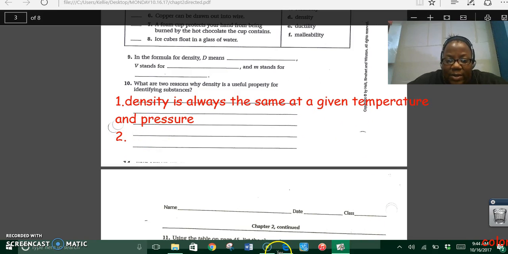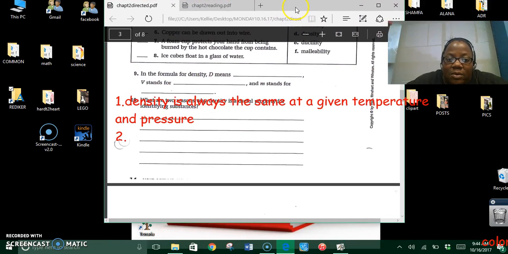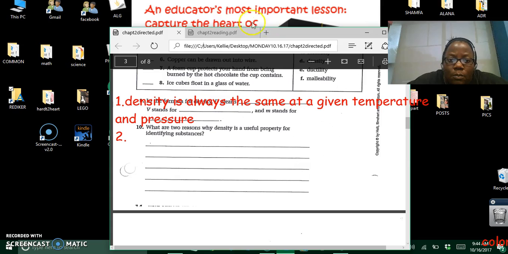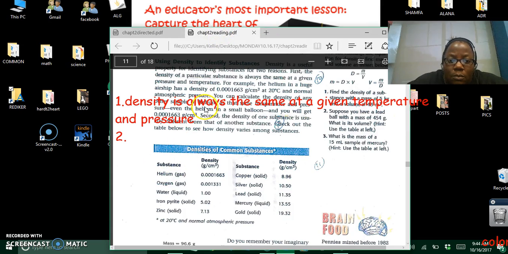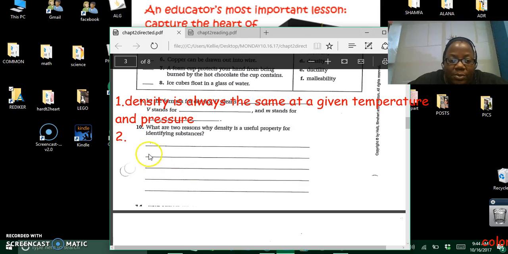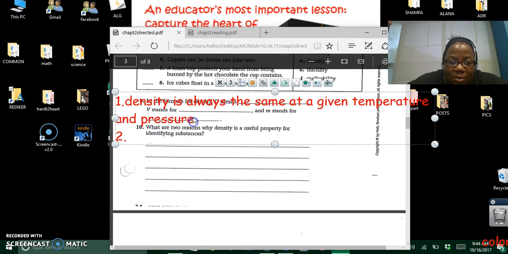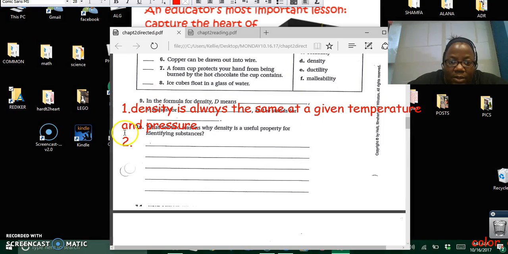And I think the other answer would be, secondly, the density of one substance is usually different from that of another substance. So part 2 would be, the density of one substance is usually different than that of another substance.